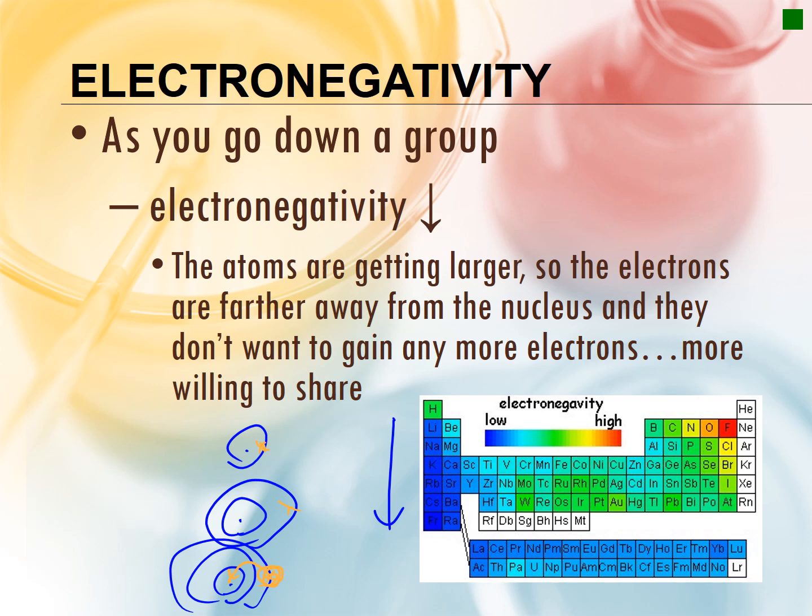Whereas this one over here is more likely to attract another electron because it itself is attracted to the nucleus more. So as you go down a group or a family, your electronegativity decreases.